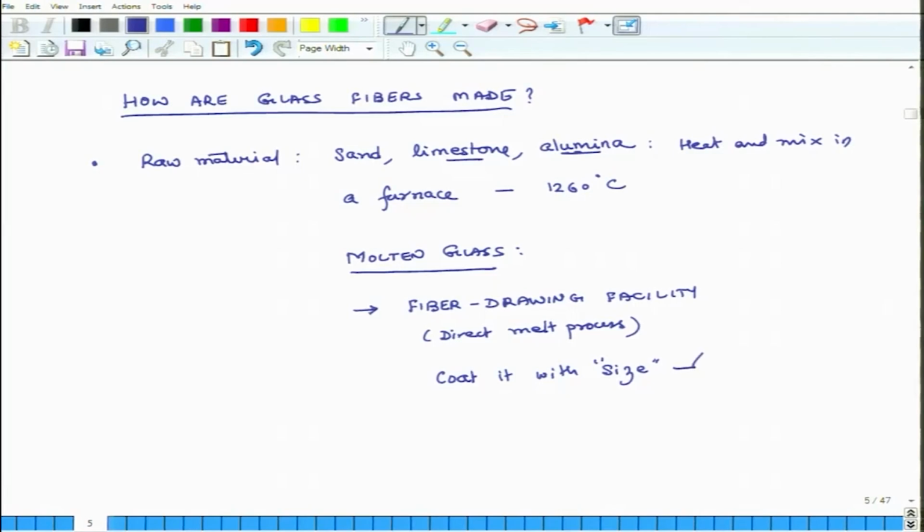It protects it from abrasion, and it also lubricates it. This is very important, otherwise if you ship a lot of continuous fiber over 2000 kilometers, several days, it would be broken into small pieces.